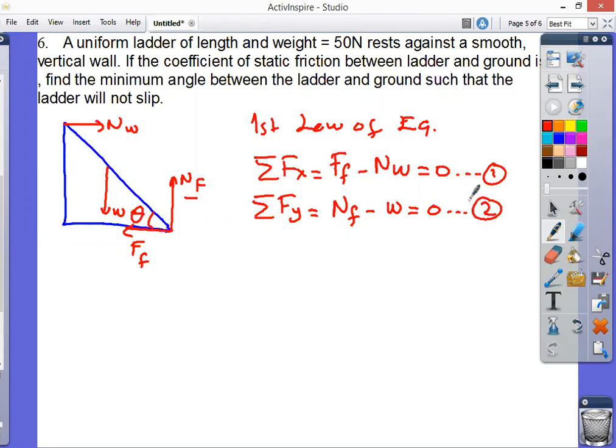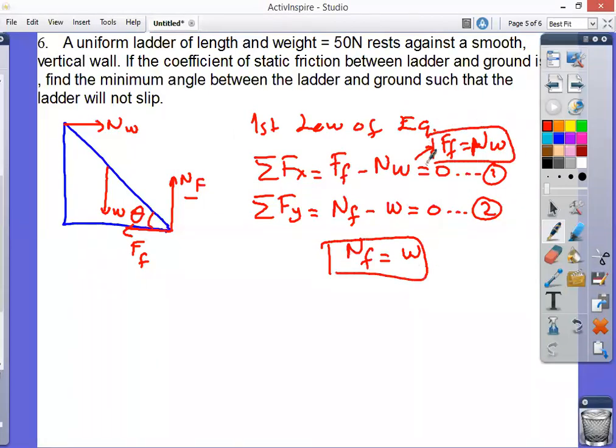This is the second equation. So here you can say friction force will be equal to the normal force from the wall, and here you can say that the normal force will be equal to the weight. These are the equations that we are going to use later on.